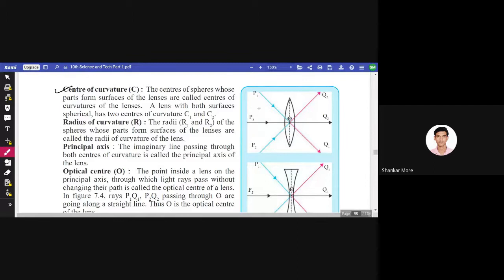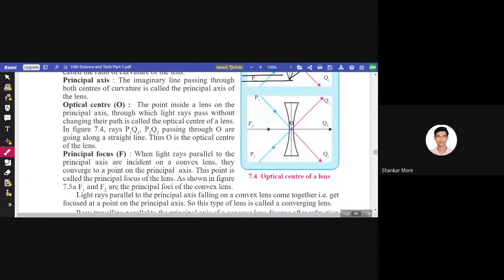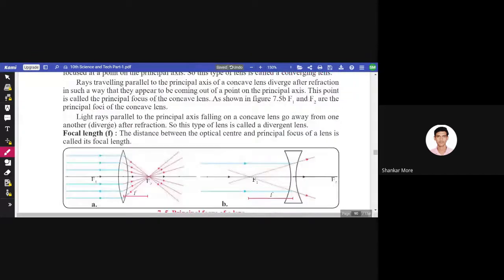Okay, this is principal axis and few rays are there which are parallel to this principal axis, right? देखो इस तरीके से. So these rays will converge at some point. मतलब ये इस तरीके से किसी ना किसी पॉइंट पे आके जमा हो जाएंगे. So this point is called as principal focus F.